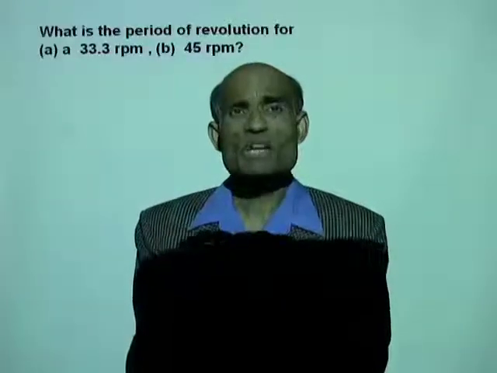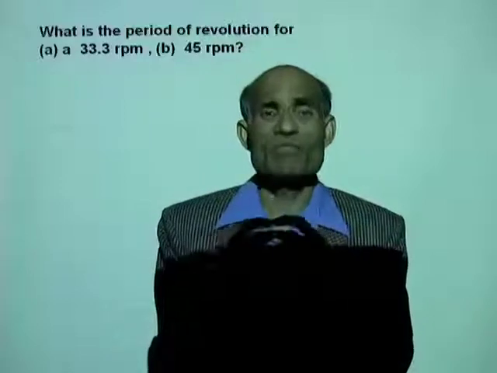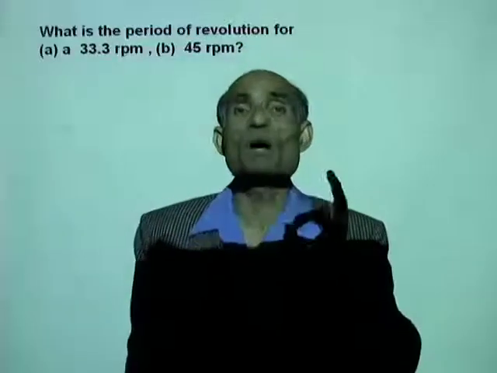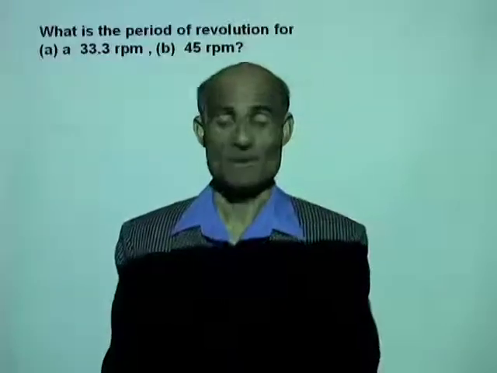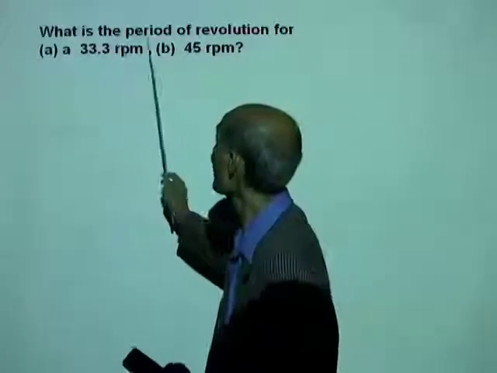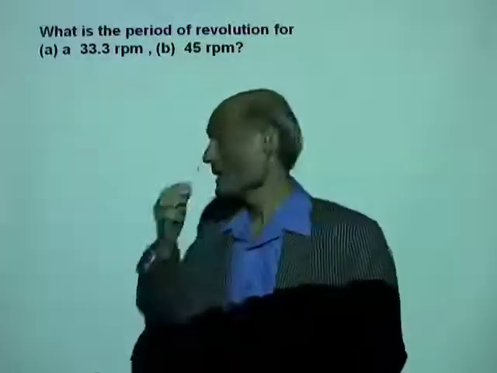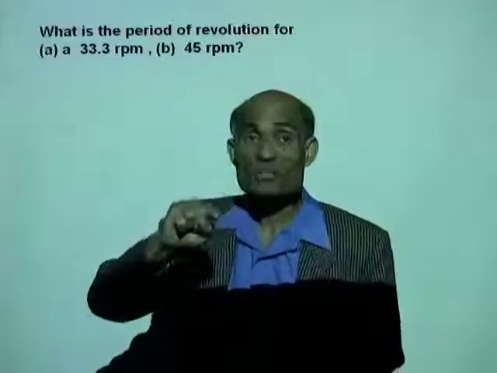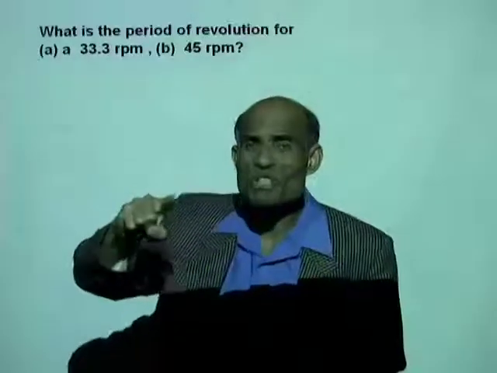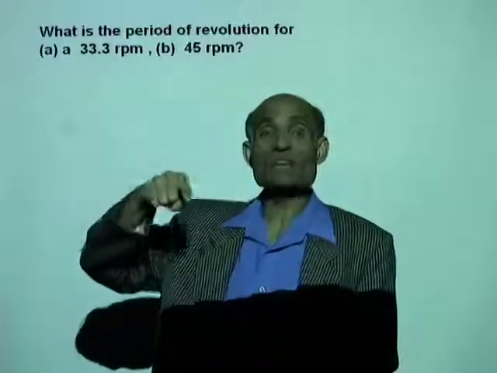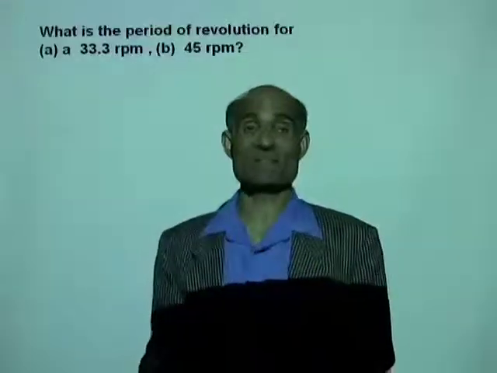Now what does 33.3 RPM mean? 33.3 revolutions per minute. The question here is, what is the period of a 33.3 RPM record? If a disc makes 33.3 revolutions in 1 minute, what is the time taken to go around once?